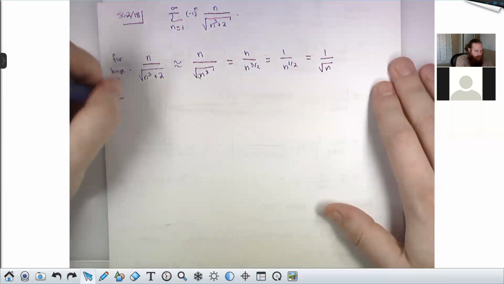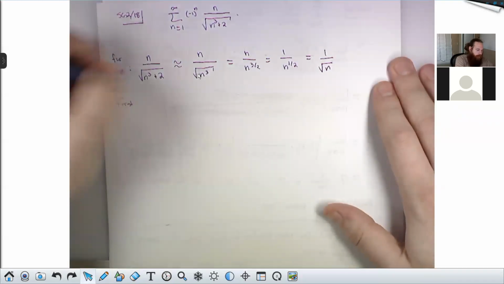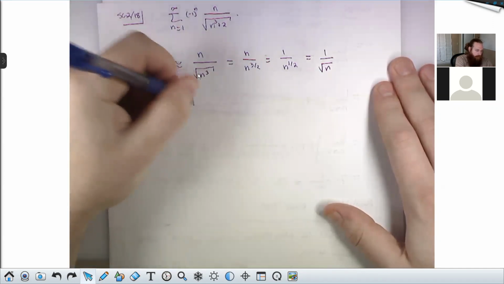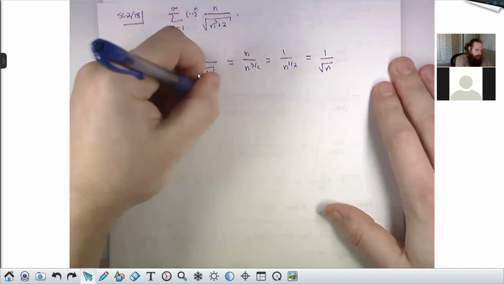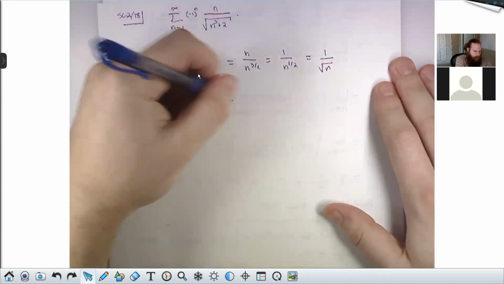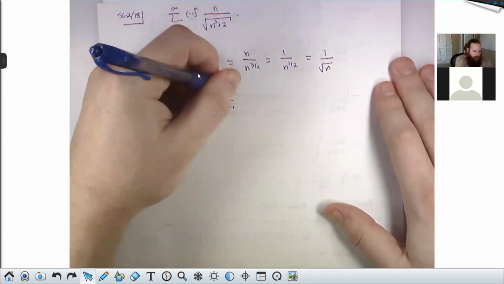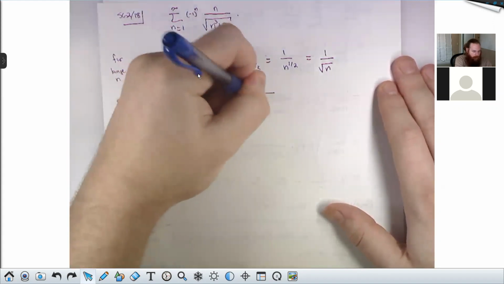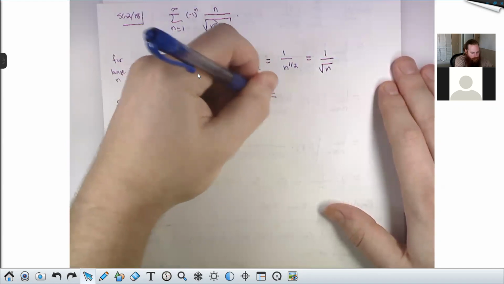First, consider the absolute value series, which is the sum from 1 to infinity, absolute value of -1 to the n over the square root of n cubed plus 2.